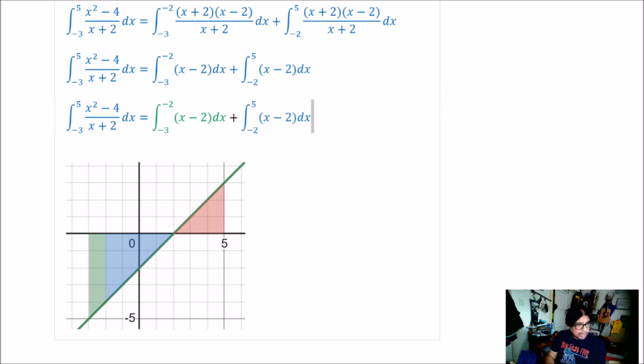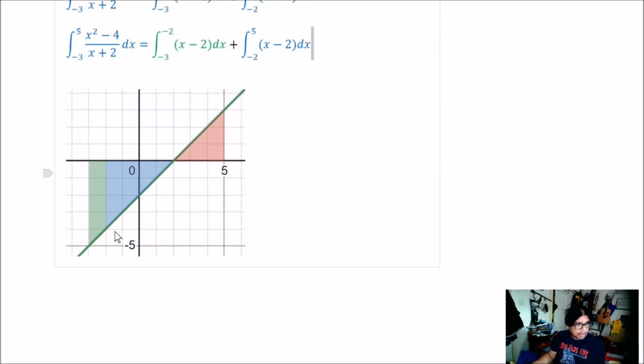To the right of the discontinuity, I have this area in blue, and that's going to go from x equals -2 to x equals +2, which means we're going to break up this integral over here as well. And then this last area in red is going to be from 2 to 5. These first two integrals, from -3 to -2 and -2 to 2, the green and the blue area, are going to evaluate to be negative because the area is below the x-axis.